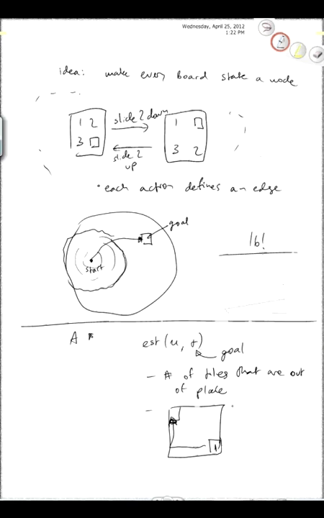So another estimate function is the sum of Manhattan distances of each tile from its desired position.